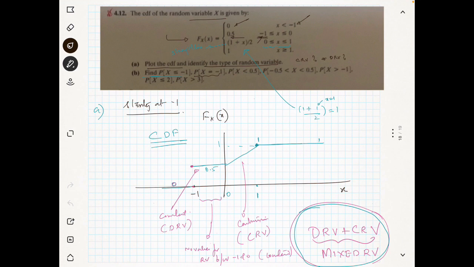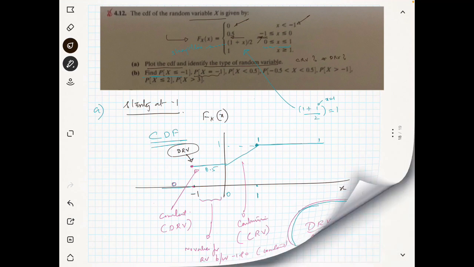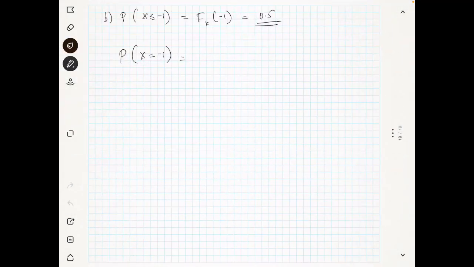Whenever x takes the value -1, we are talking about a discrete random variable. Since this part is a discrete random variable, the probability that x is equal to -1 is directly obtained from the value itself. It will be 0.5, because it is a constant at -1.